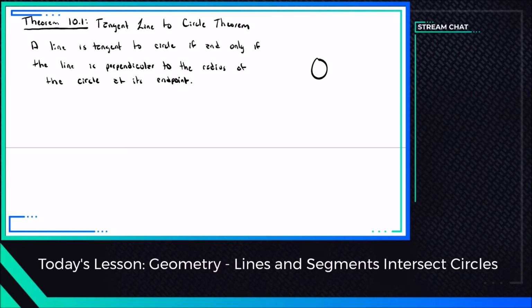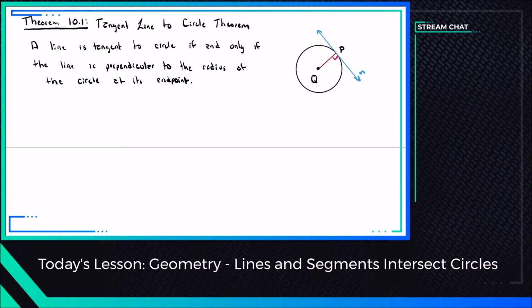So if I draw a circle here, we're going to call this circle Q. And we're going to draw in a radius here, and the endpoint of this radius is going to be called P. And then if we draw a tangent line M, the only way that M can be tangent to this circle Q is if they intersect here perpendicularly.